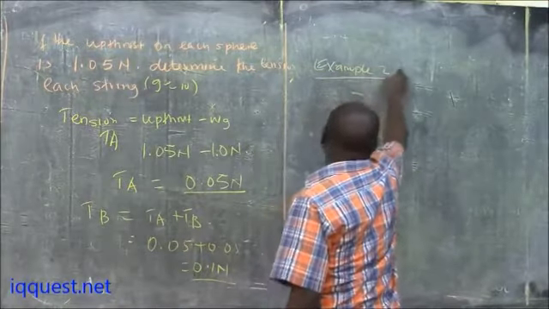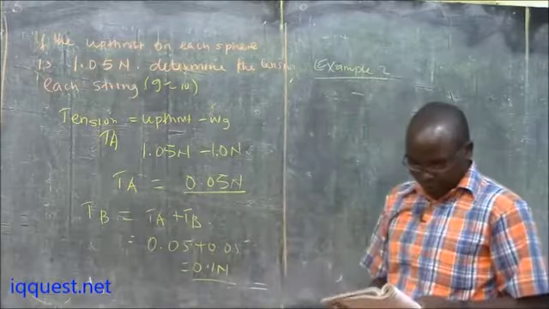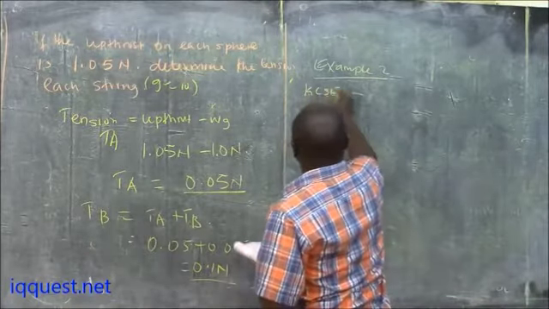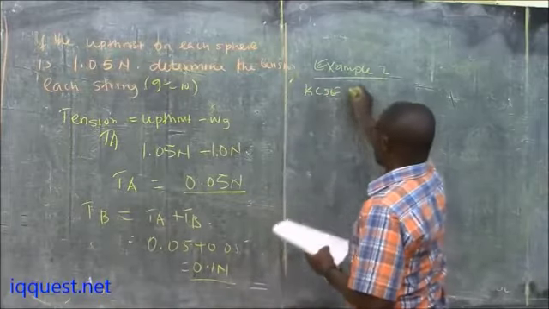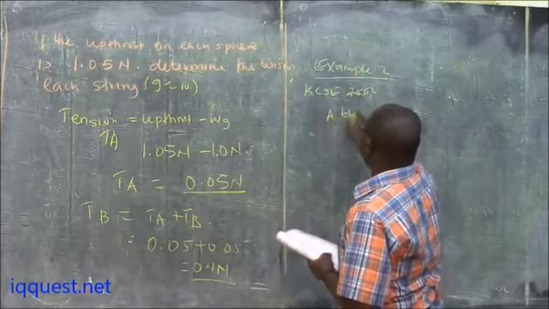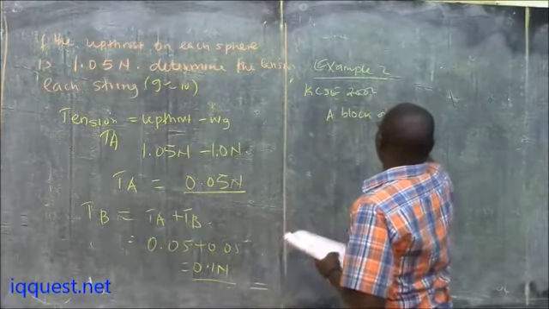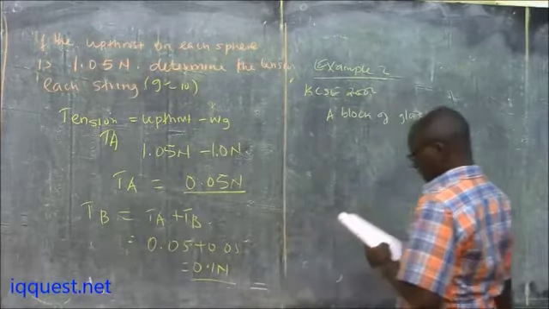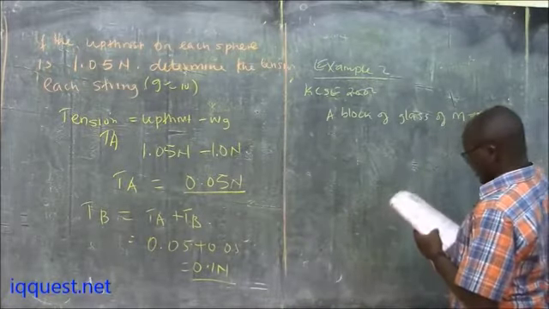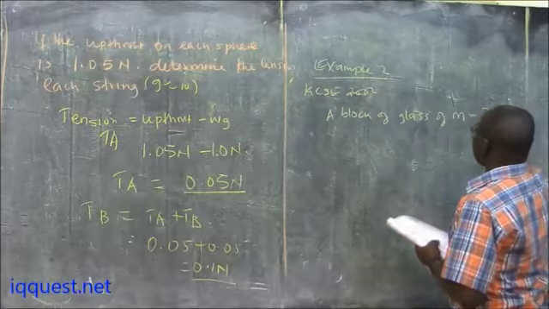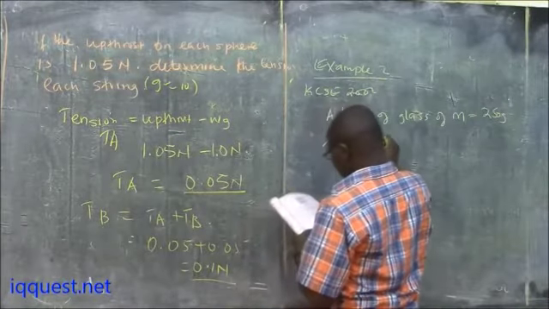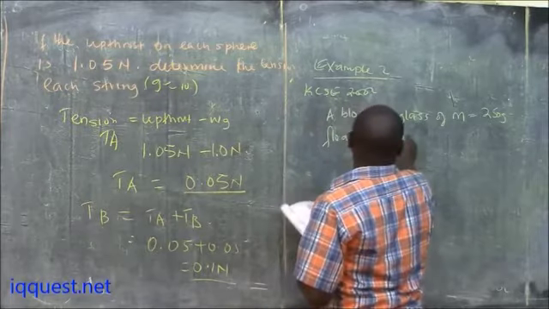Example 2. This was KCSE 2002. It says a block of glass of mass 250 grams floats in mercury.